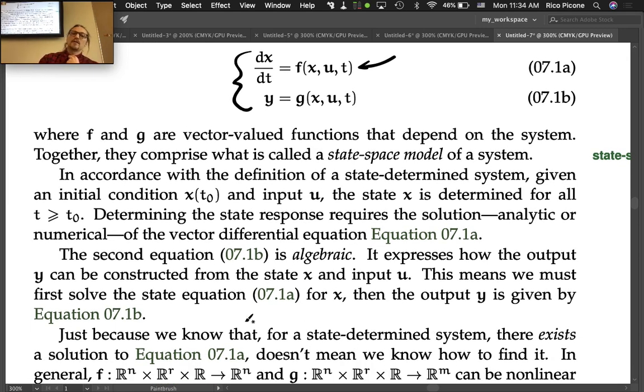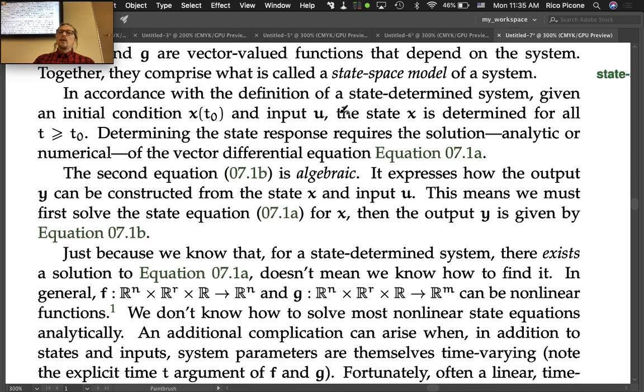This means we must first solve the state equation for x, then the output y is given by 7.1b. So 7.1b is really just a plug and chug algebraic equation. Once you have x, u is given, and your solution will be a function of time, so that's fine. So that one doesn't need to be solved per se. Just substitute x in, and you've got your solution.